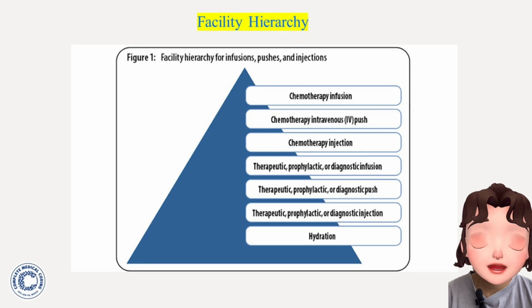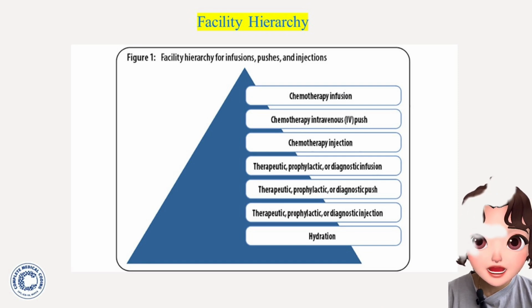So if the documentation has any procedure with chemo infusions or injections present, you have to code initially chemo infusion, followed by chemo IV push and then chemo injection.